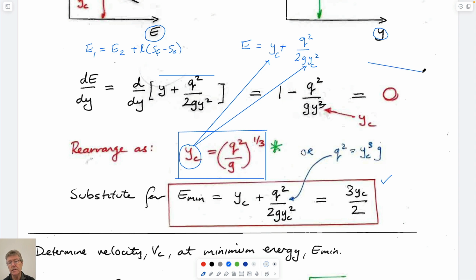This is dz, this is L. So S0 is equal to delta Z over L, and SF is equal to head loss divided by L, if you need it.